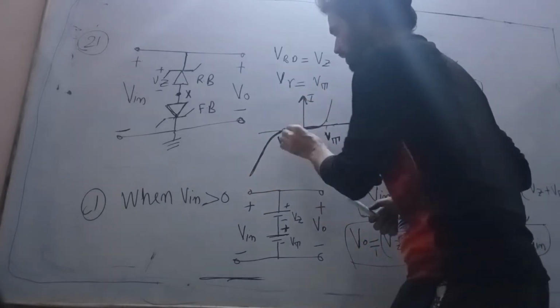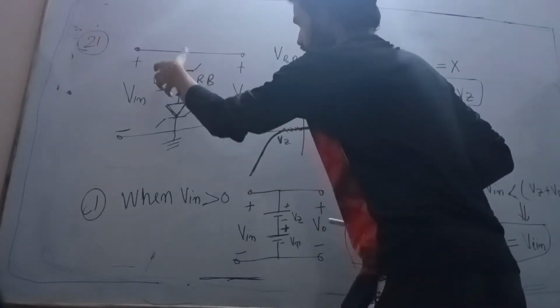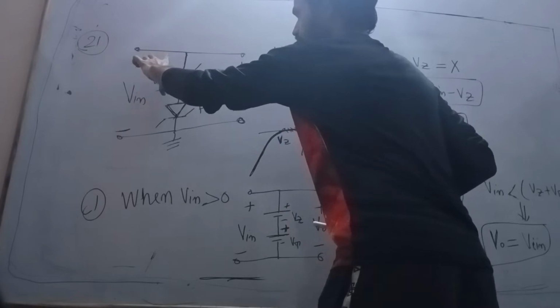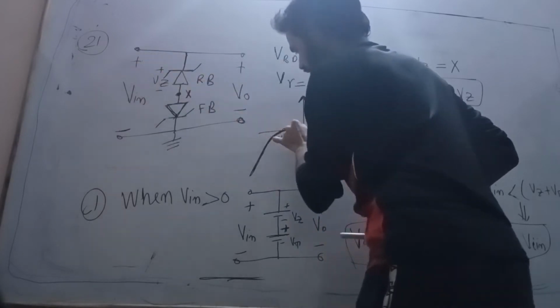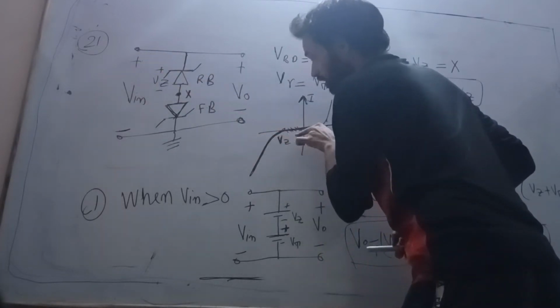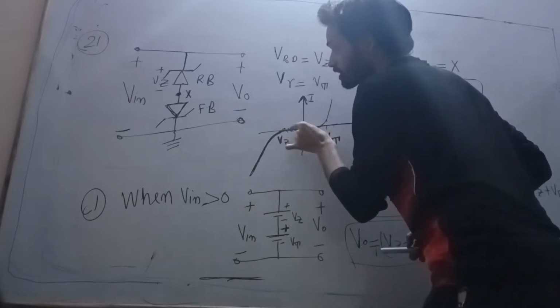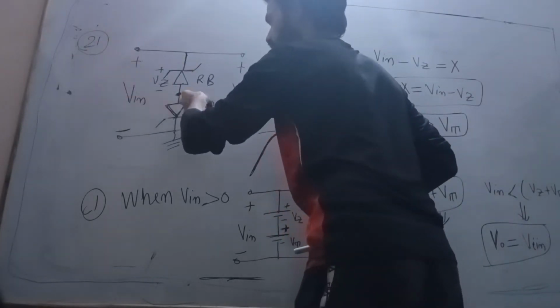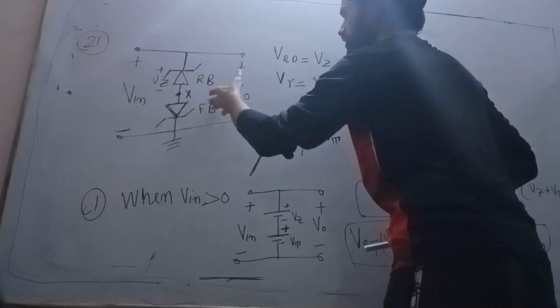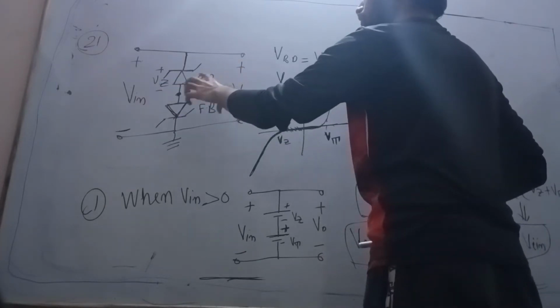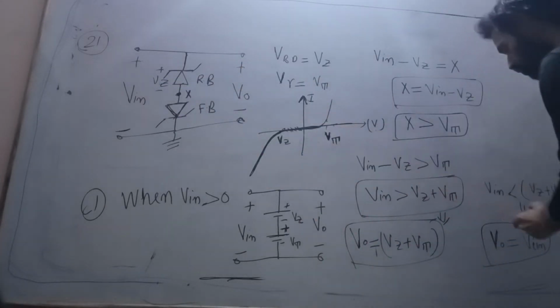What it means is, if the voltage across this zener diode, when it is in reverse bias, does not exceed Vz, it is open circuit, so it is meaningless. So V in is equal to V naught.